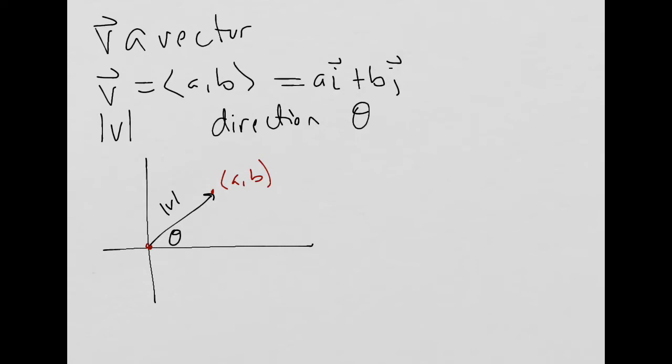And suppose we had a vector, say the magnitude of v was 8 and theta was pi over 3. So we knew the direction and we knew how long it was.